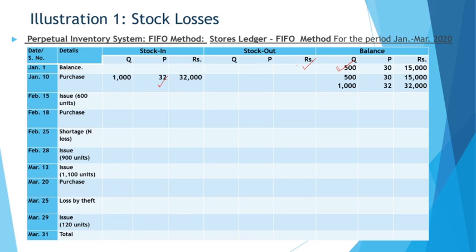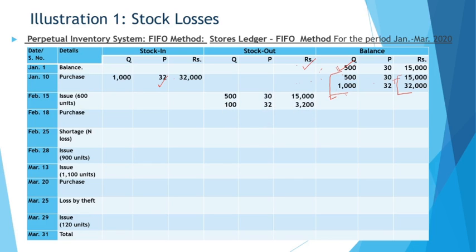Had it been a weighted average method, in that case we would have combined everything. So in place of this 500 and 1000 units, we would have had in all 1500 units and a total cost of 47,000. Accordingly, weighted average price would have been calculated.